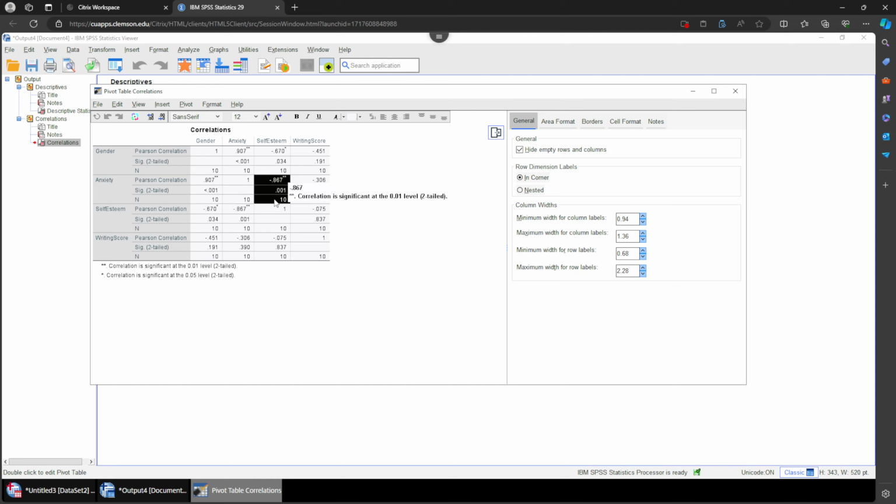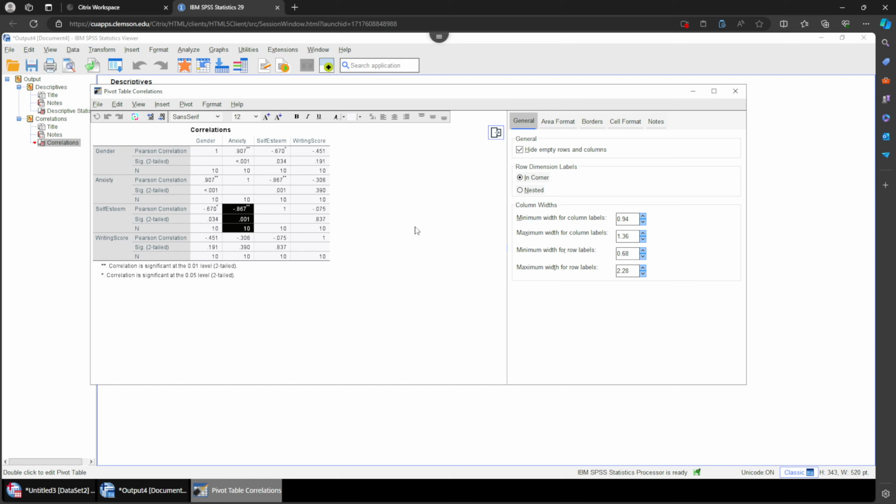You'll notice again, these two spots have the exact same values, so order does not matter. You just need to find one spot in the table where the two variables you're interested in intersect one another, and you can identify that spot. Those are the values associated with the correlation between anxiety and self-esteem.